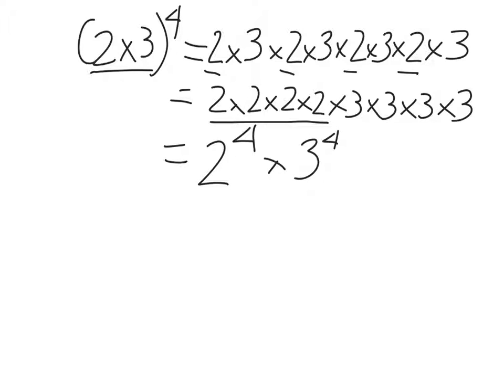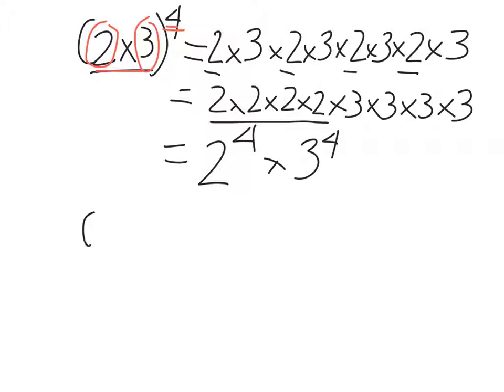What you can see is if I've got a multiplication inside of brackets, so it has to be a multiplication, not an addition, because 2 plus 2 plus 2 doesn't equal 2 to the power of 3. It has to be a multiplication. All you do is take the first thing, raise it to that power, second thing, raise it to that power.